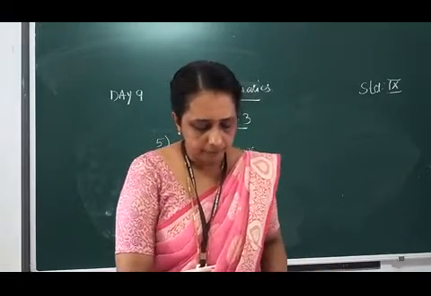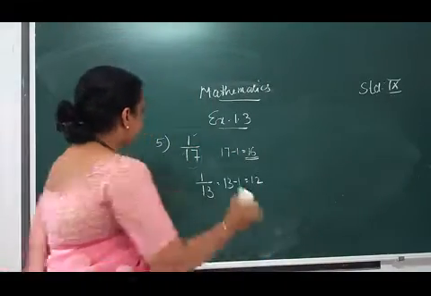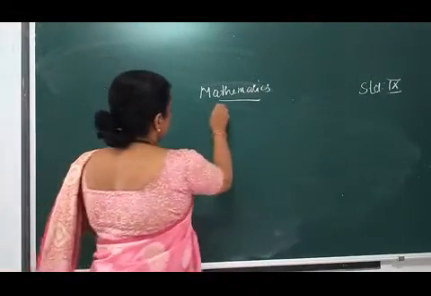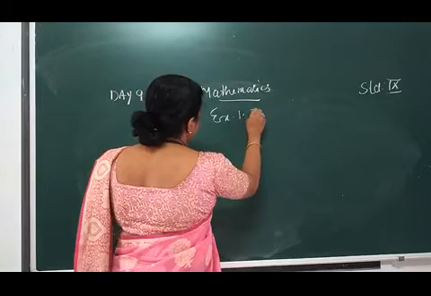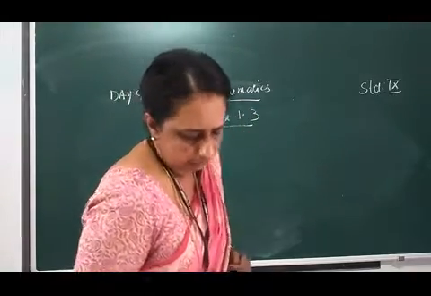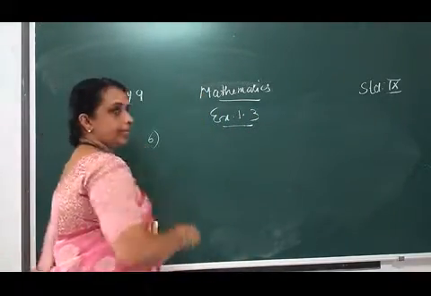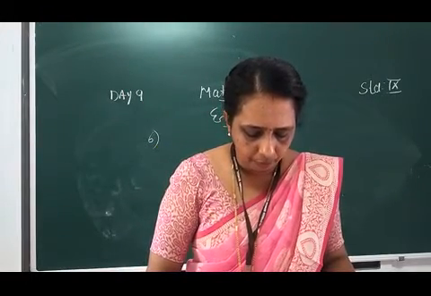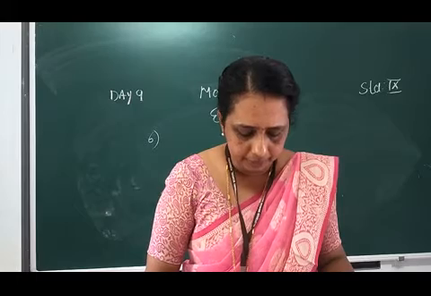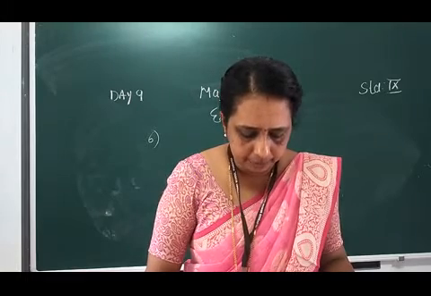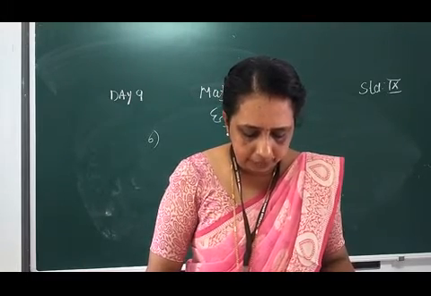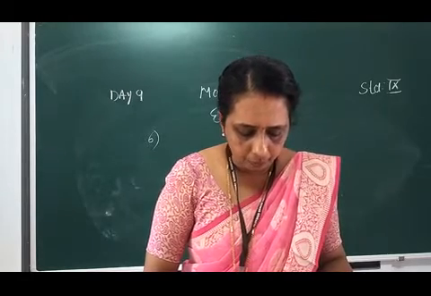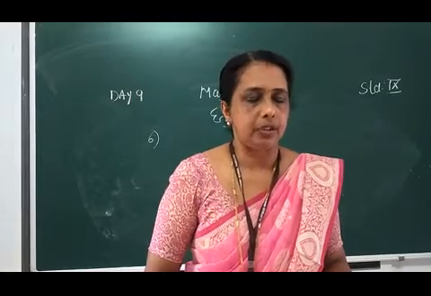Then the sixth question. Question number 6. Look at several examples. Using several examples of rational numbers in the form p by q, where p and q are integers with no common factors other than 1 and having terminating decimal expansions, can you guess what property q must satisfy?